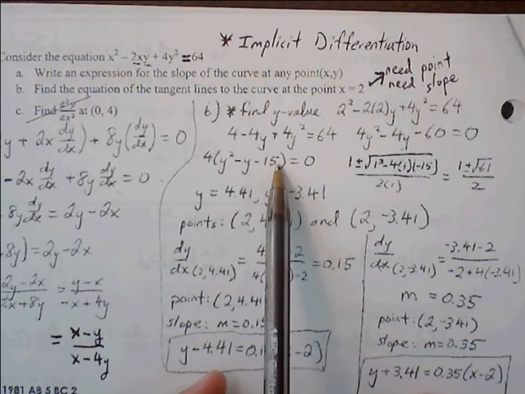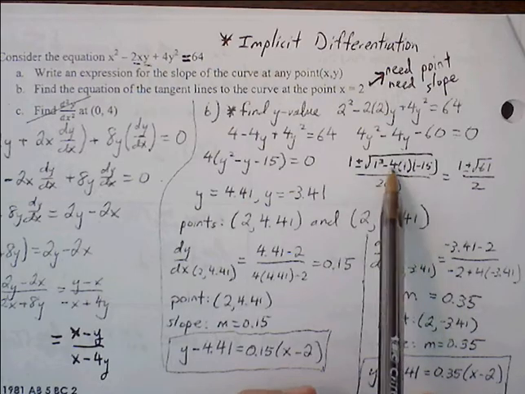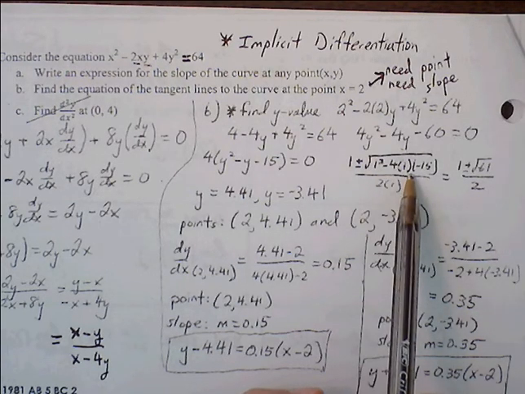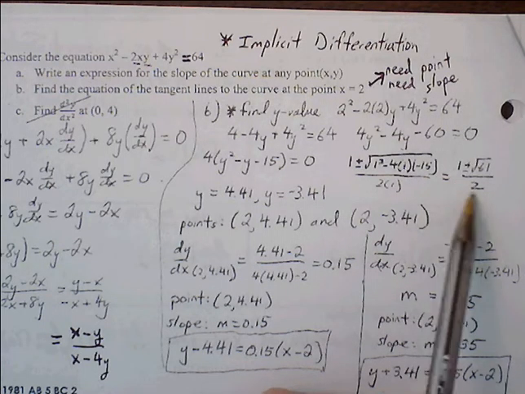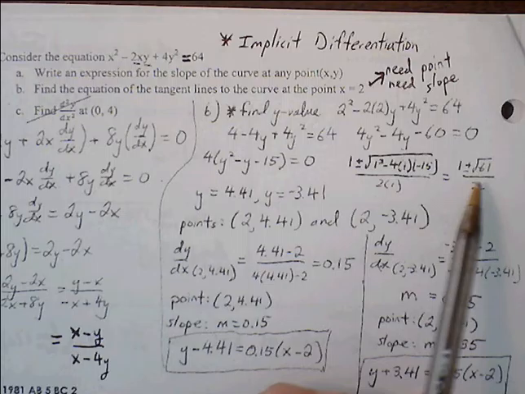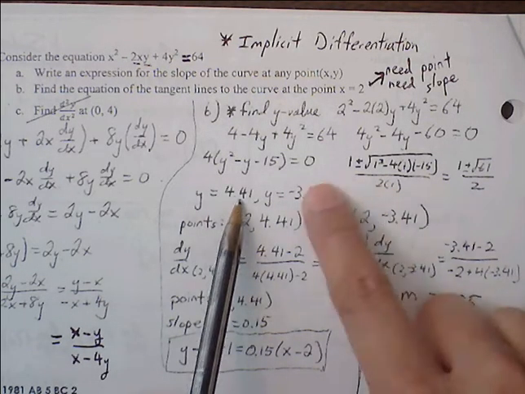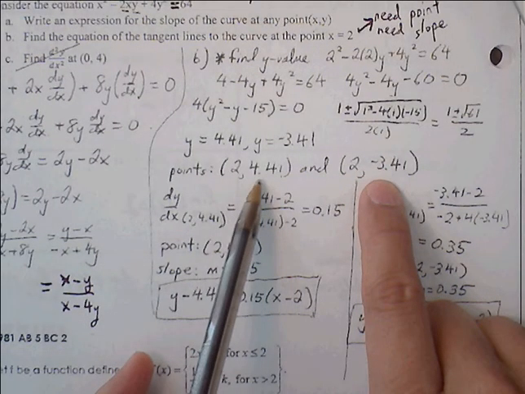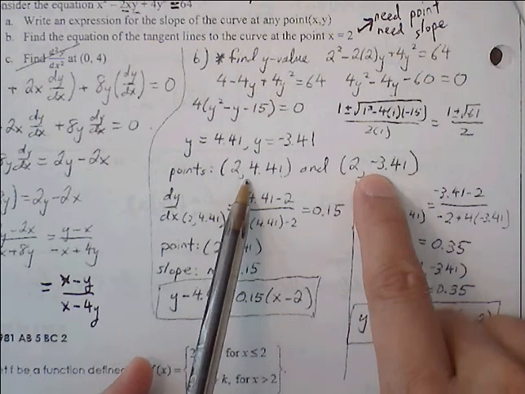Notice that this doesn't factor, so we have to go through the quadratic formula: negative b plus or minus root b squared minus 4ac, all over 2a. The best we can do is leave it in this form or use our calculator to find the y values. There are two potential y values: the points (2, 4.41) and (2, negative 3.41).